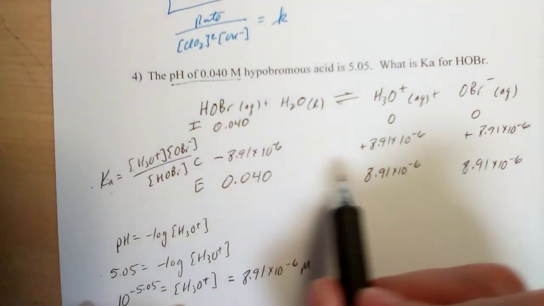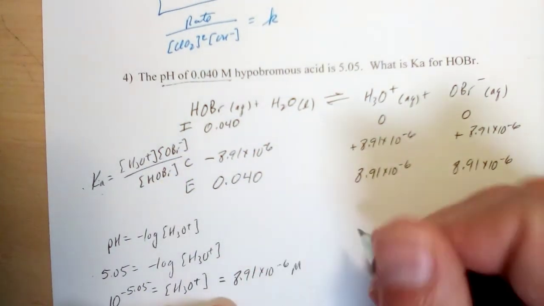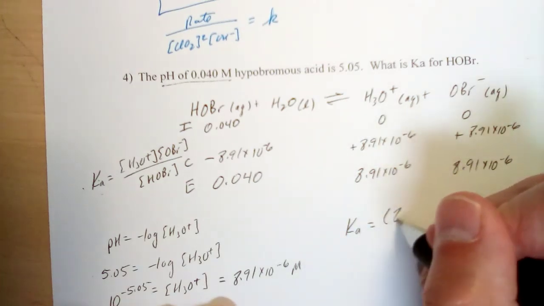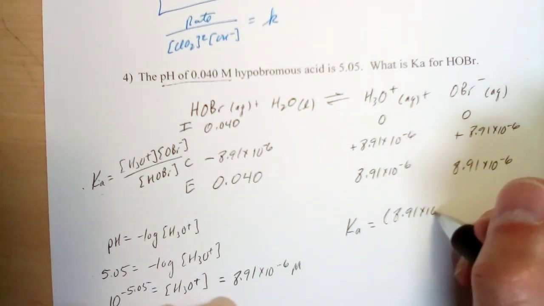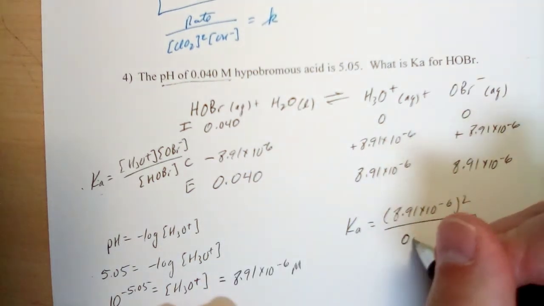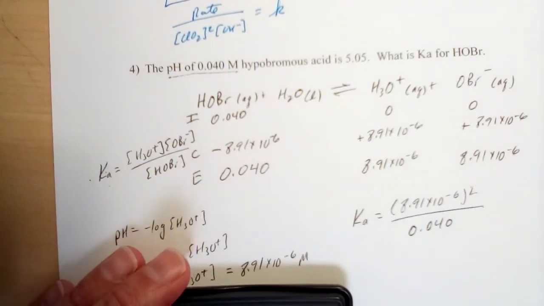All right, got all those concentrations at equilibrium. We can just plug into this equilibrium constant expression I mentioned before. So the two on top are the same, so I'm going to write that as a squared instead of writing them out twice. Divide that by 0.040, and that will be our equilibrium constant.